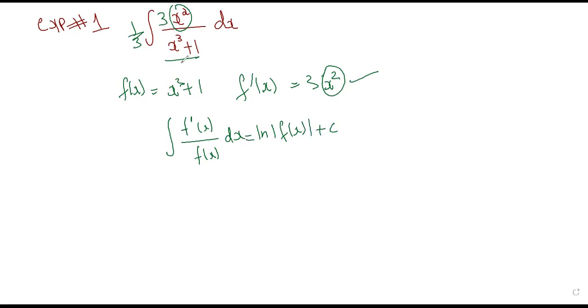So what would be our integral, our answer? This 1 by 3 would come as it is, and ln f of x. So what is f of x in my example?